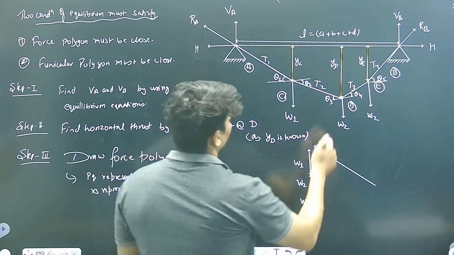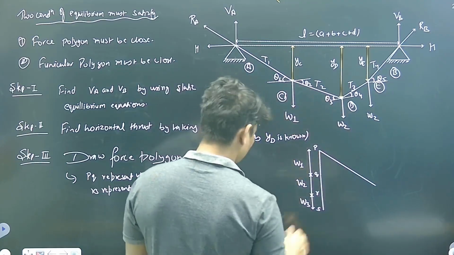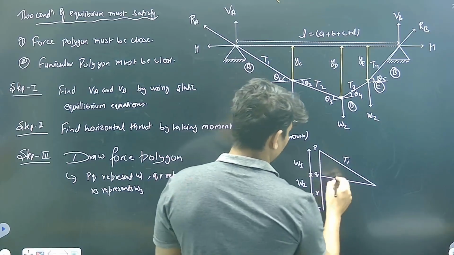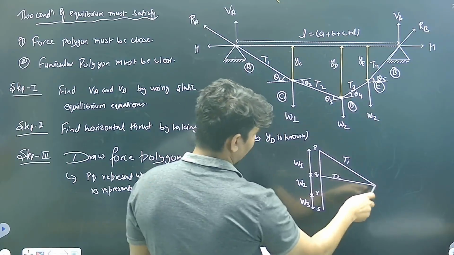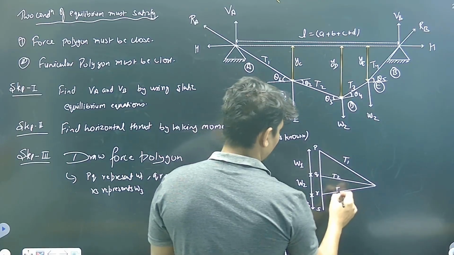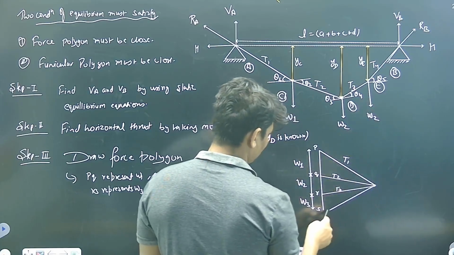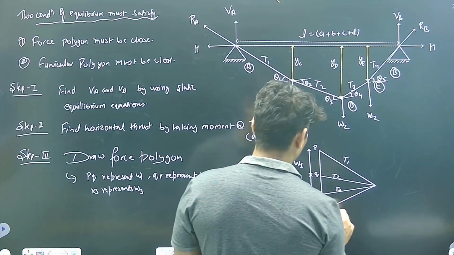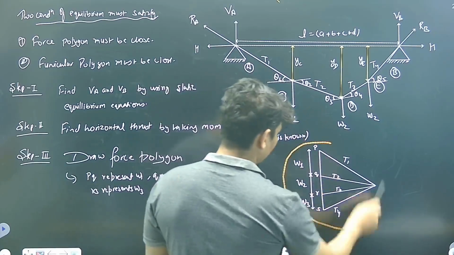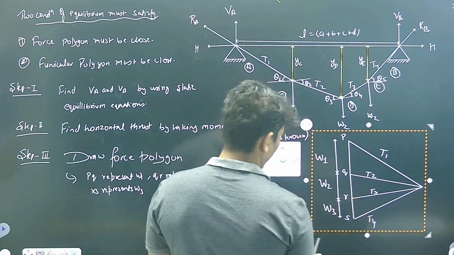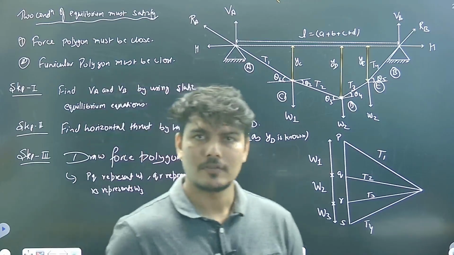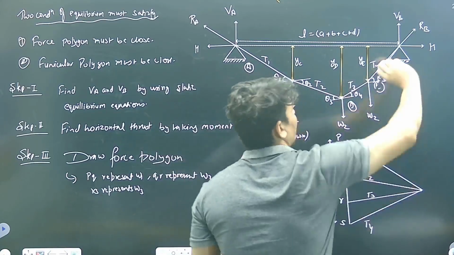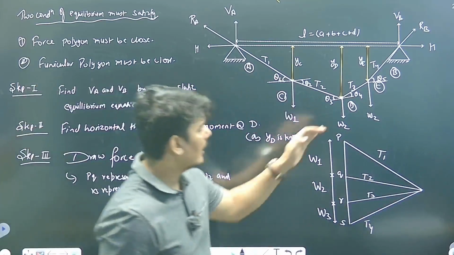Then in this direction it's T2, and this is the T1 force. This is T2. Now this is T3. Is it clear? This is how to make the force polygon: T1, T2, T3, T4. Take it in the same direction in which it goes.